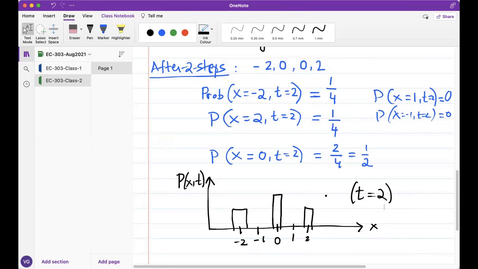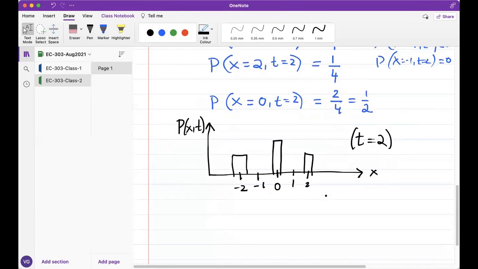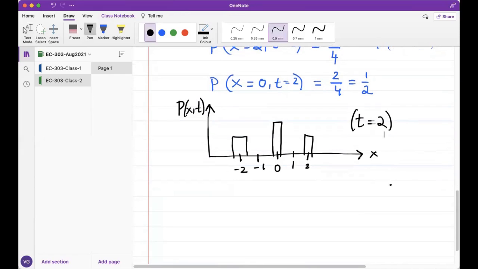This is called the probability mass function, because x is a discrete variable, and so is t. Primarily x, because x is the state space in this random walk model. Now we can ask: what happens after some arbitrary number of time steps? If I ask the same question after 10 steps, how do you think this will look?